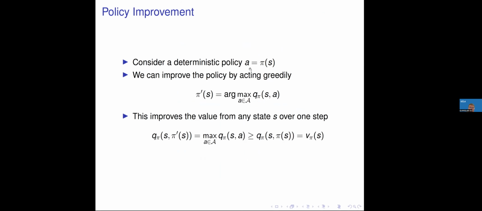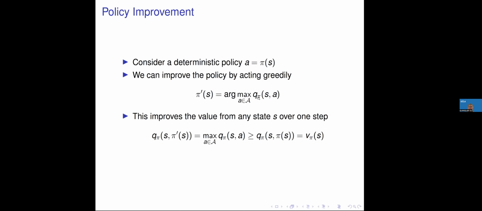Then we can think about whether we can improve the policy once we have its value function. The answer is yes. Once you get the action value function for a certain policy, we can take the greedy policy to get a new policy pi prime. So this pi prime is a greedy policy derived from the action value function of the current policy pi.